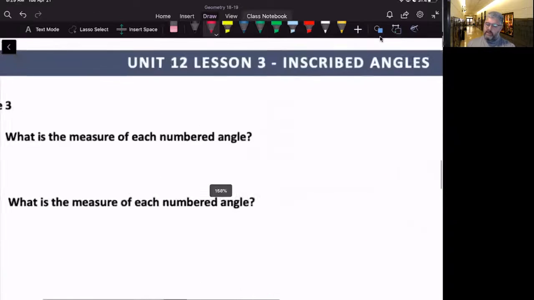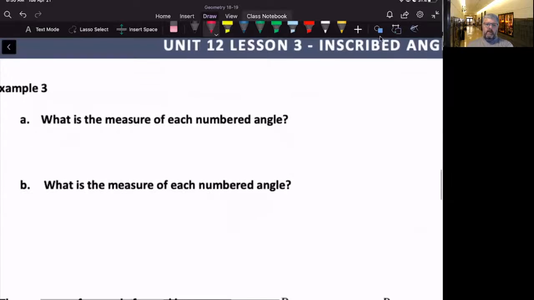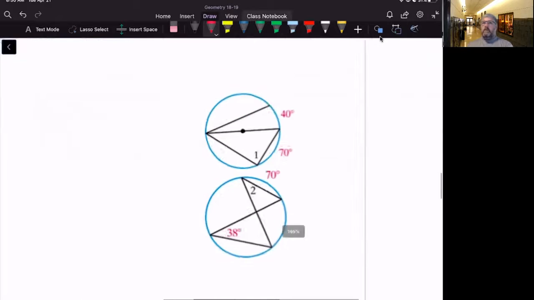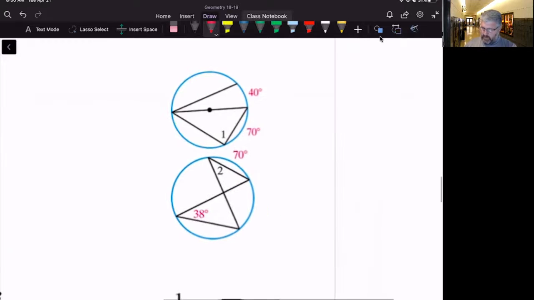All right, a couple more examples. What is the measure of each numbered angle for A and B? Well, again, here's where we were talking about the diameter having the dot. We know that dot is the center of the circle, so we know this is a diameter. We know lots of things because that's a diameter.